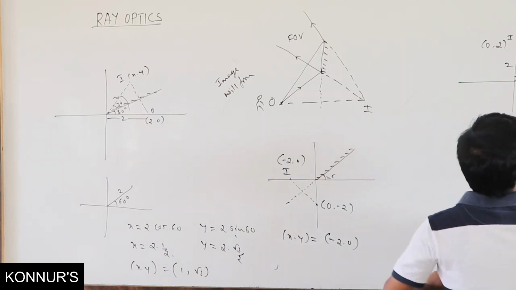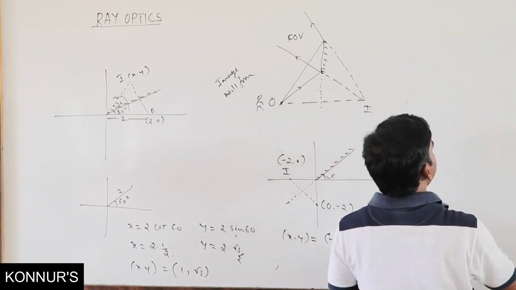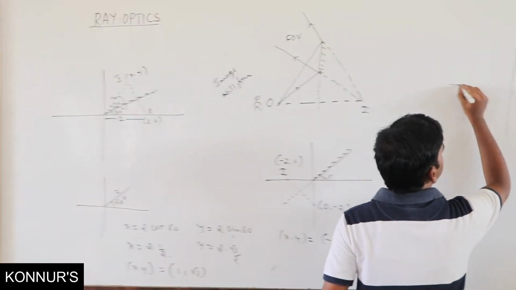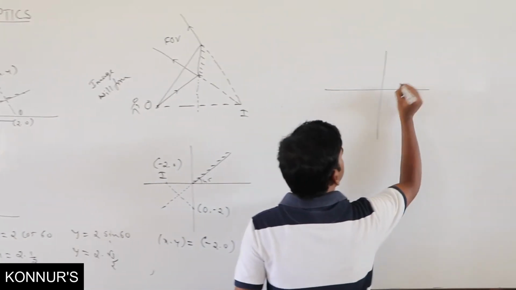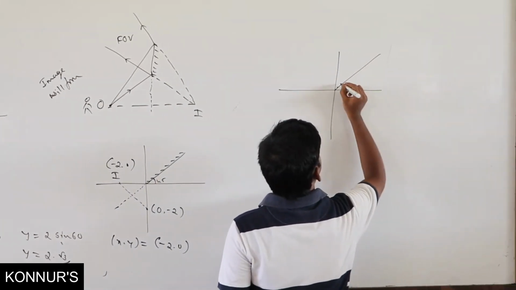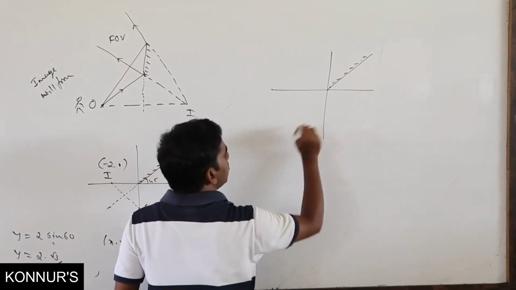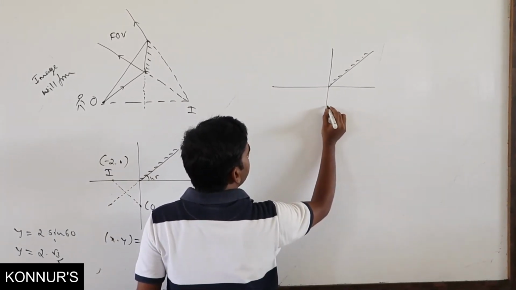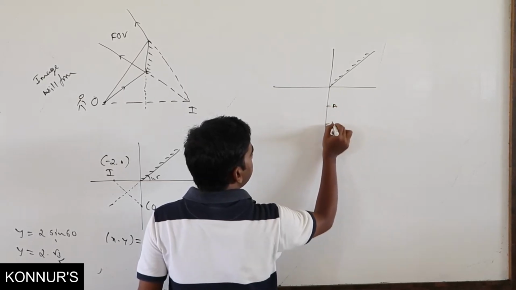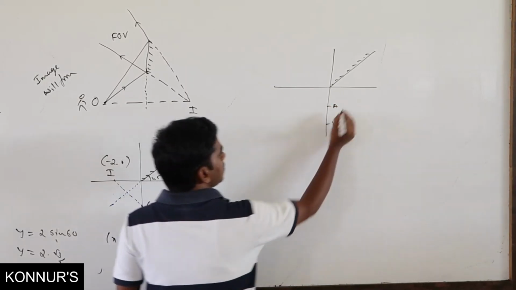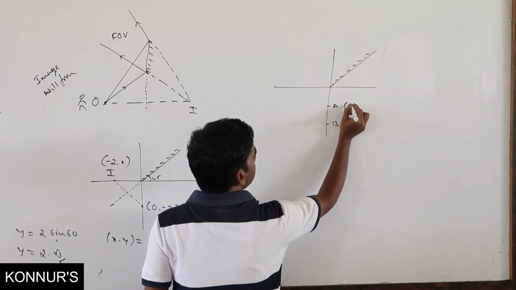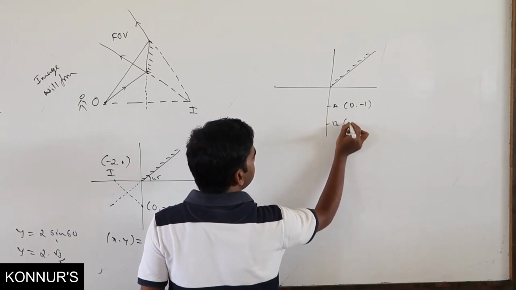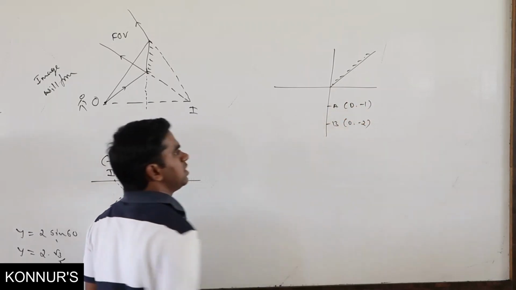Or else, suppose they give the length of the object. Suppose this is the mirror and the object is here. AB is the object. A is at (0, -1), B is at (0, -2).